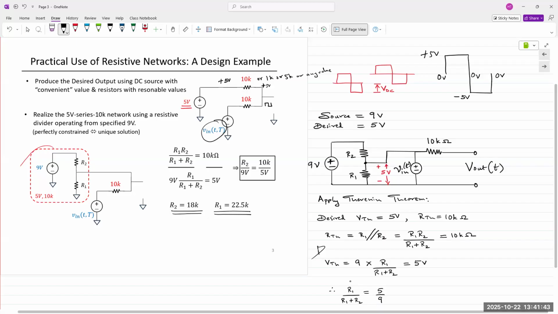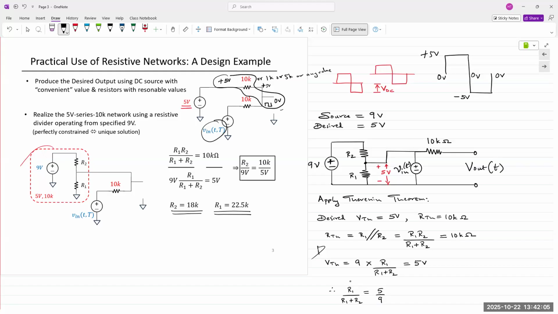When this waveform V in of t goes to 0 volts here, and this is plus 5 volts here, what's the current flowing through there? Voltage across that resistor is plus 5 volts. When it goes to minus 5 volts, voltage across this one would go to 10. Similarly, this resistor at the bottom also drops voltage across it. And that's why they're both taken at the same value. If they were different values, then we would obtain 0 to 10 volts.